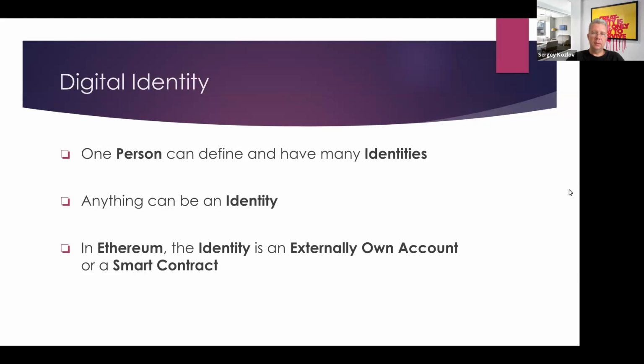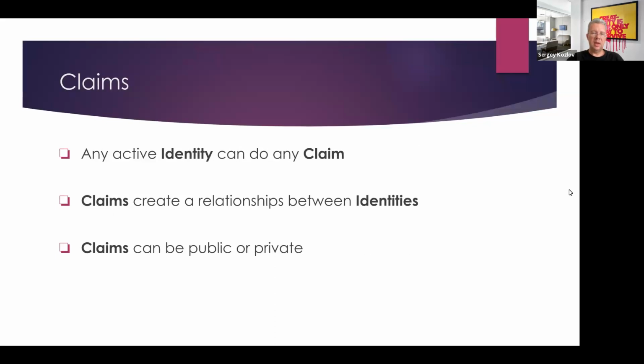In Ethereum, the identity is an externally owned account. That's the account which I think you all use, or a smart contract. A smart contract can also be an identity. The claim is actually the ID. Any active identity can make any claim. So if we are friends, I can issue for you the claim that you are my friend, and you can issue one for me.